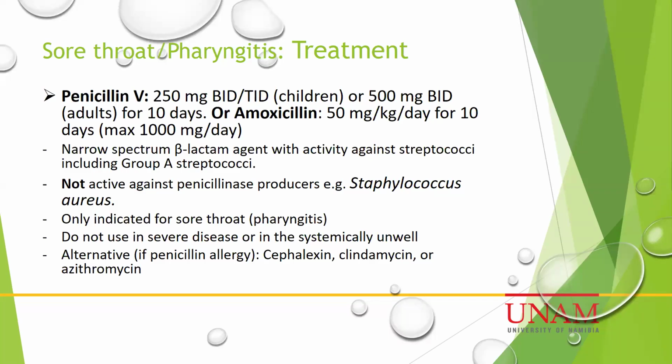Note that penicillin is only indicated for pharyngitis and it should not be used in severe disease or systemically unwell patients. Alternatively, you can use amoxicillin or piperacillin, and sometimes in severe cases, you may want to use amoxicillin and add a macrolide like azithromycin.